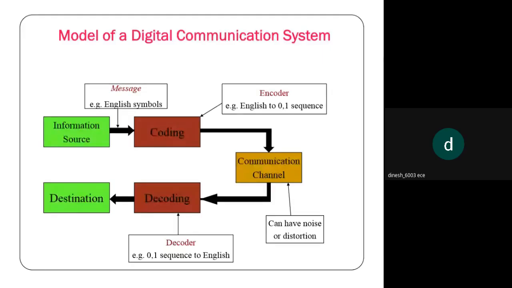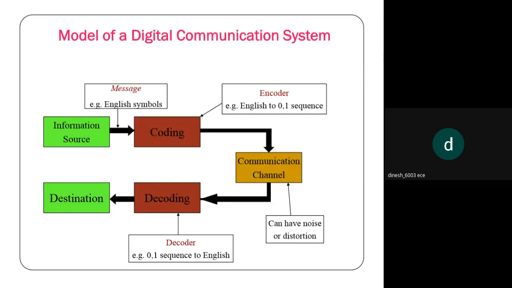In a decoder, what happens is that the signals obtained in zeros and ones, which were transmitted from your coder, will be converted back to their original form.